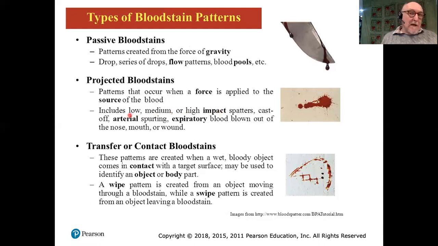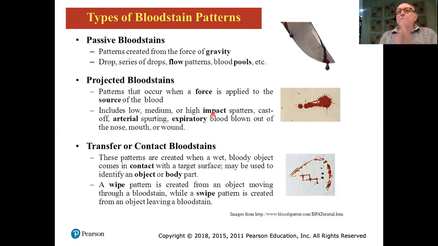Mainly we would associate low and medium impact with physical assault, and yet while they mostly produce low and medium impact, they can in fact also produce high impact spatter. So there's not a clear-cut distinction.